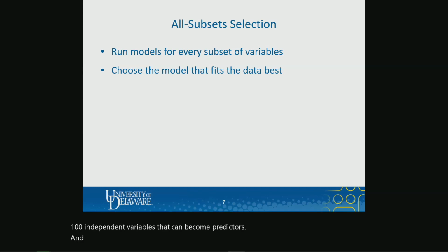And that means in real life, we may have 2 to the 100 minus 1 possible models to test. 2 to the 100 minus 1 subsets, right? And how big is this number? Do you have any idea?